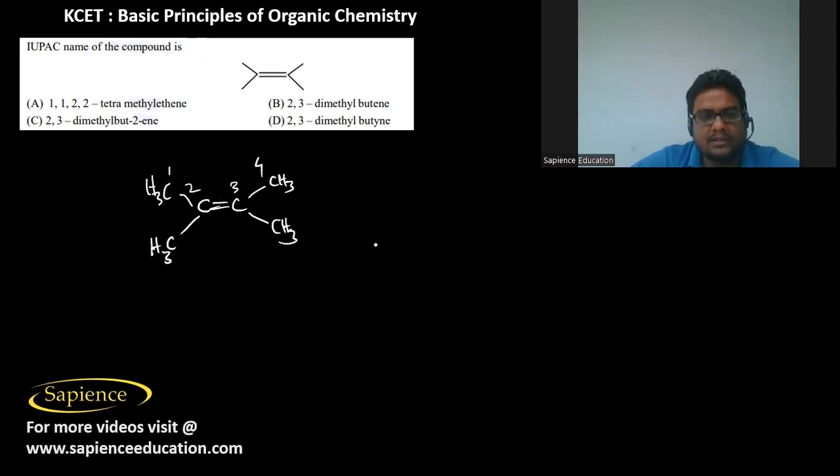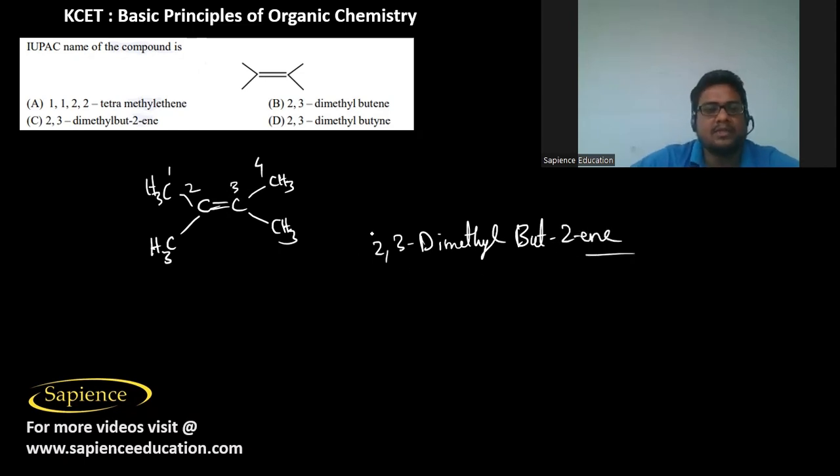So I can say it is 2,3-dimethyl, then it is a 4 carbon atom chain, so it is but, and one double bond, so but-2-ene. So 2,3-dimethylbut-2-ene. So option C is the correct answer.